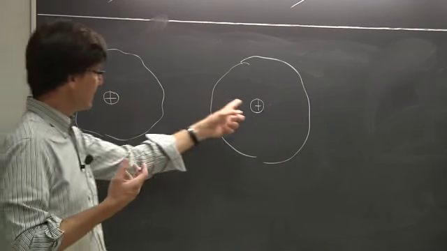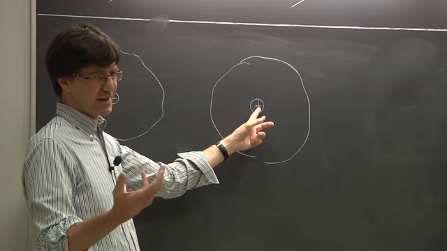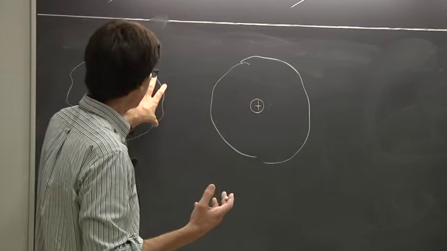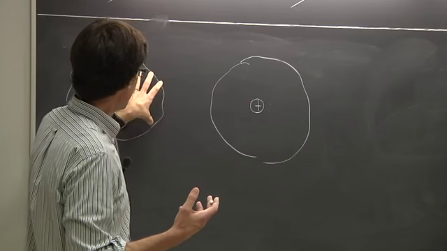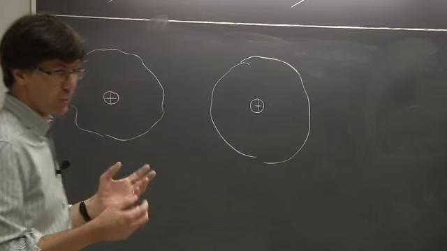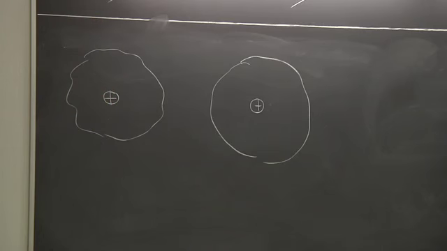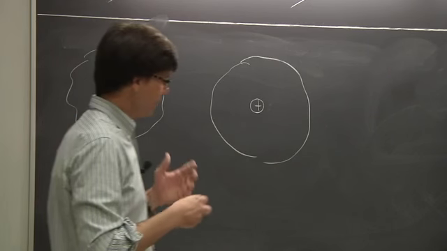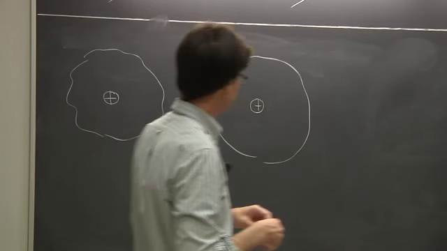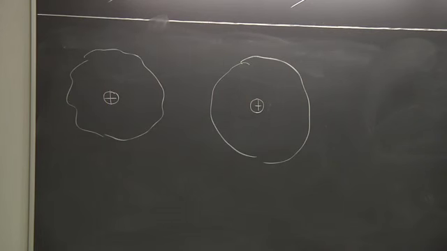Electrons will start feeling the potential due to the other nucleus not just as classical electrostatic objects, but in a quantum mechanical way. So there are a number of things that may happen when I bring two atoms together.